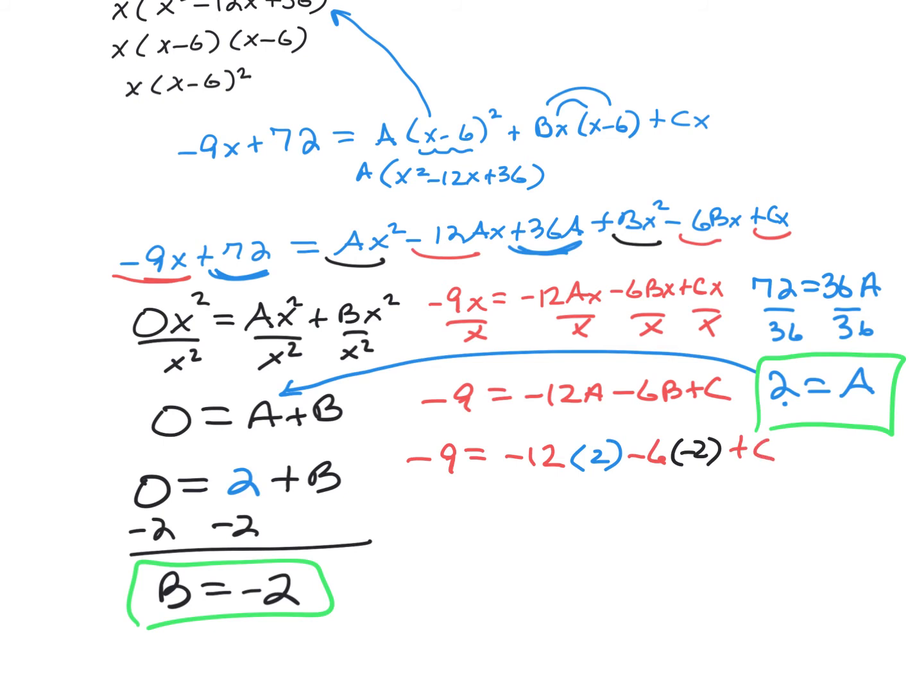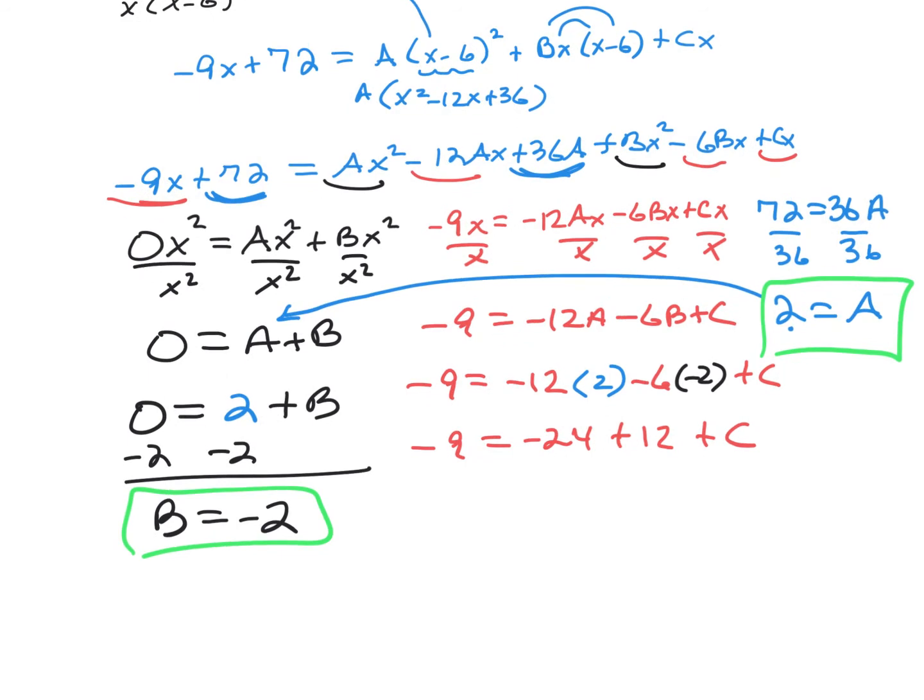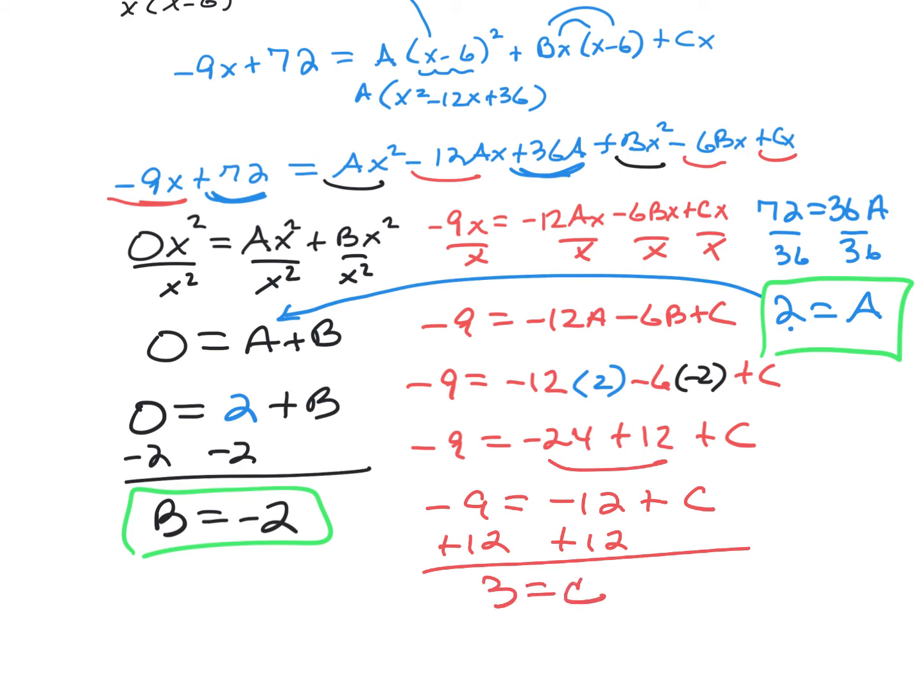So I'll go ahead and multiply here. Negative 9, negative 24, positive 12, plus c. And then combine these two, becomes a negative 12. Move the 12, and c equals 3.